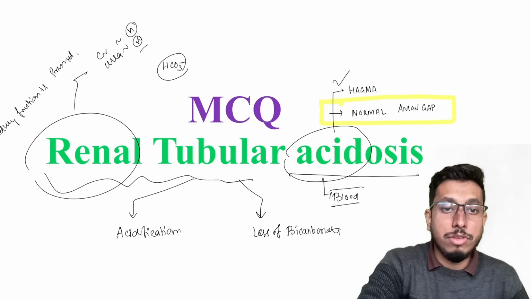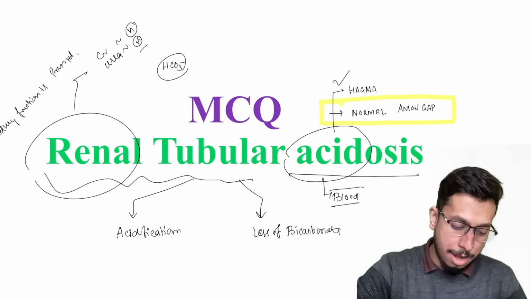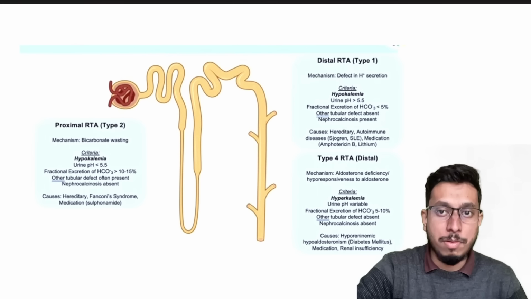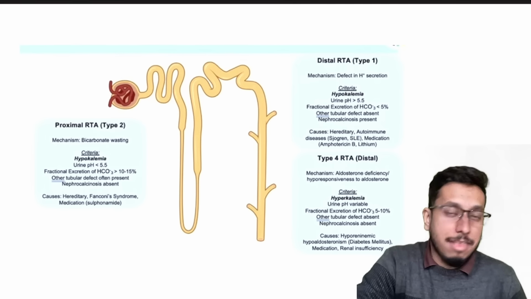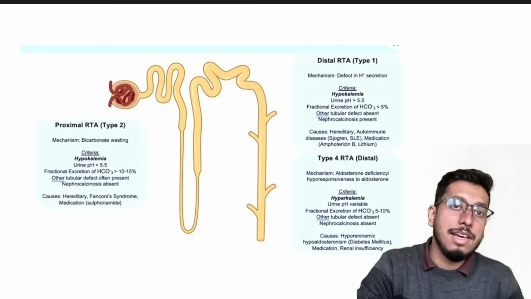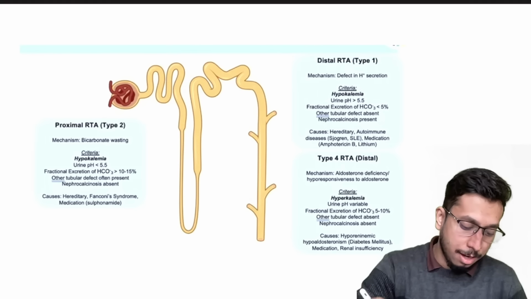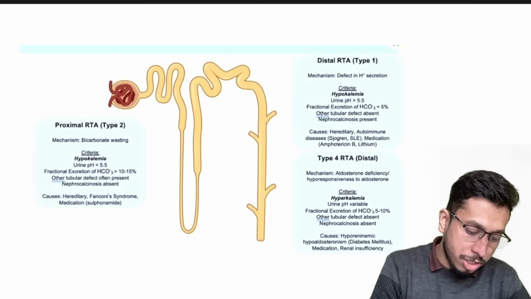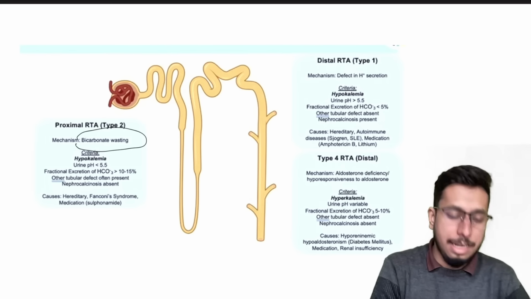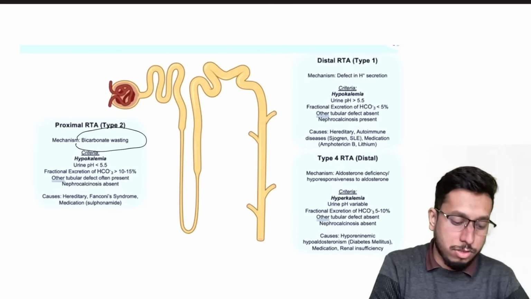So coming to this again, based on the location of which part of the tubule is involved, we can classify this renal tubular acidosis, or based on which channel or pathway is involved, we can classify this renal tubular acidosis. Now, if there is wastage of bicarbonate, it is usually a defect more proximally at the level of the proximal convoluted tubule.